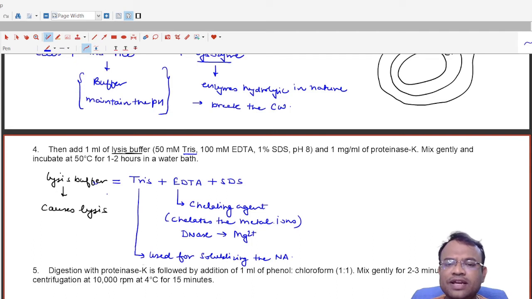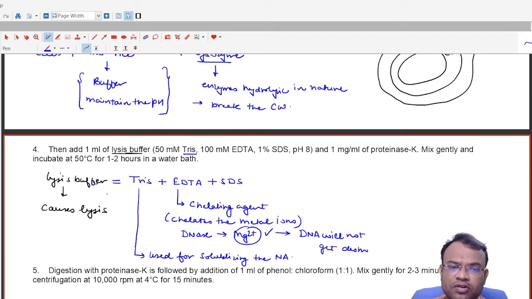That is why we add EDTA. It will chelate the Mg2+, that is, it will not allow the free Mg2+ to be accessible by the DNases. Once the DNases are not able to access the Mg2+, they would not be able to function, so the DNA will be safe and will not get destroyed.